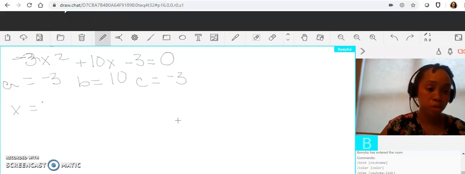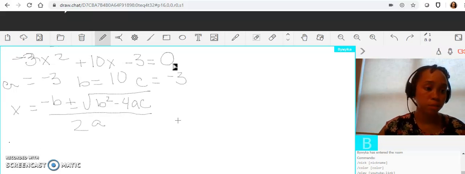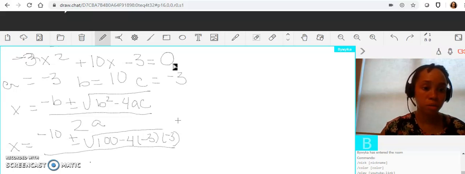And I'm going to write my formula here. I have x is equal to negative b plus or minus the square root of b squared minus 4ac all over 2a. So let's plug in what we have. I have x equals negative b, so that's going to be negative 10, plus or minus the square root of b squared, which is 100, minus 4 times my a, which is negative 3, times my c, which is negative 3, all over 2 times my a, which is negative 3.